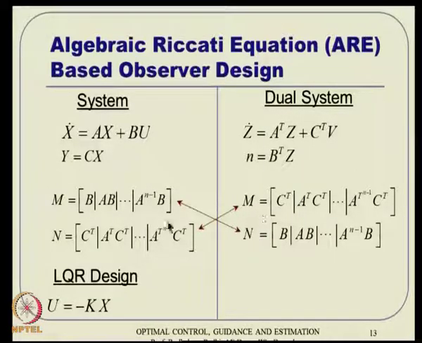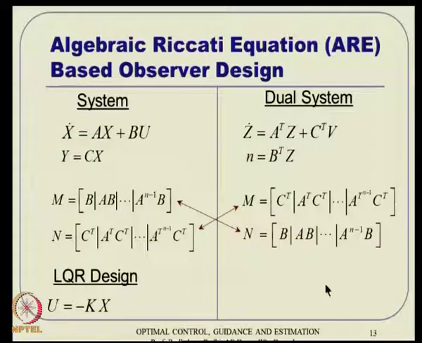It turns out that the controllability matrix of the original system is the observability matrix of the dual system, and the observability matrix of the original system is the controllability matrix of the dual system.